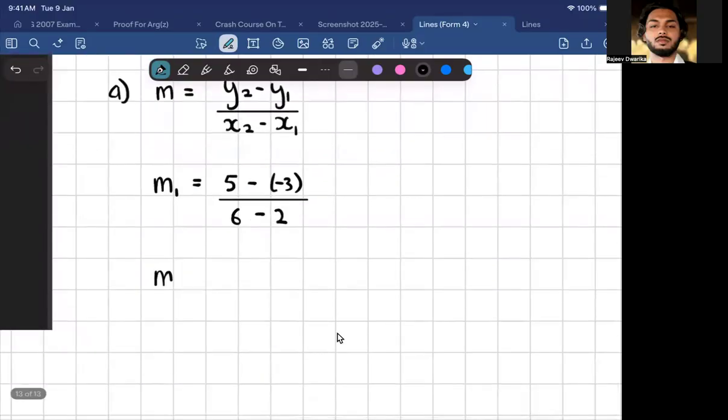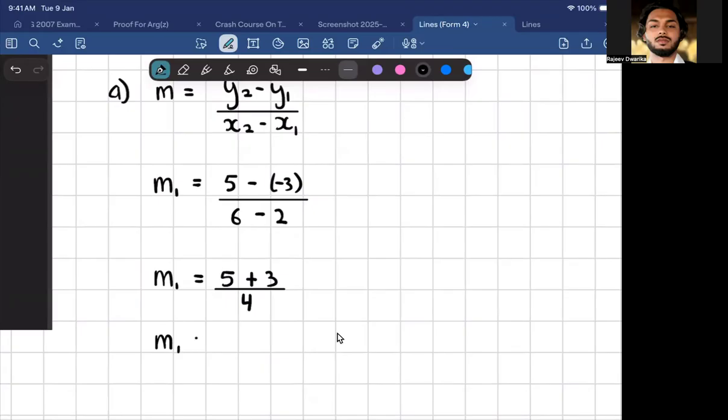So we have 5. We're going to write back the 5, right? What is -3? Negative by negative is a positive. So that's going to turn to 5 plus 3. What is 6 minus 2? 4. Right. On top, what am I going to simplify to?